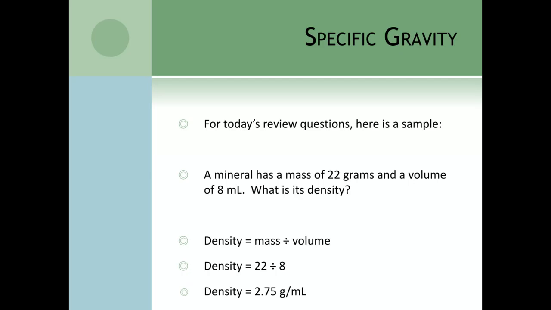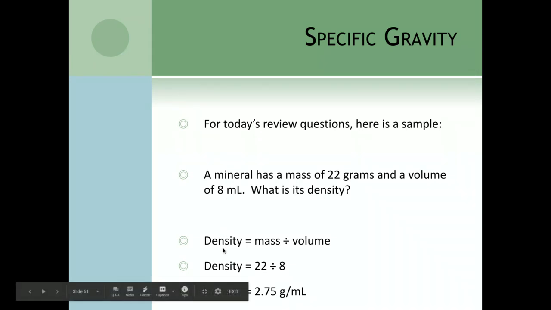So, for today's review questions, you're going to be asked to find the specific gravity or density of a couple of mystery substances. So, just a reminder, you'll see a problem like this. A mineral has a mass of 22 grams and volume of 8 milliliters. What's its density? Well, if you remember from the first quarter, density is equal to mass divided by volume.